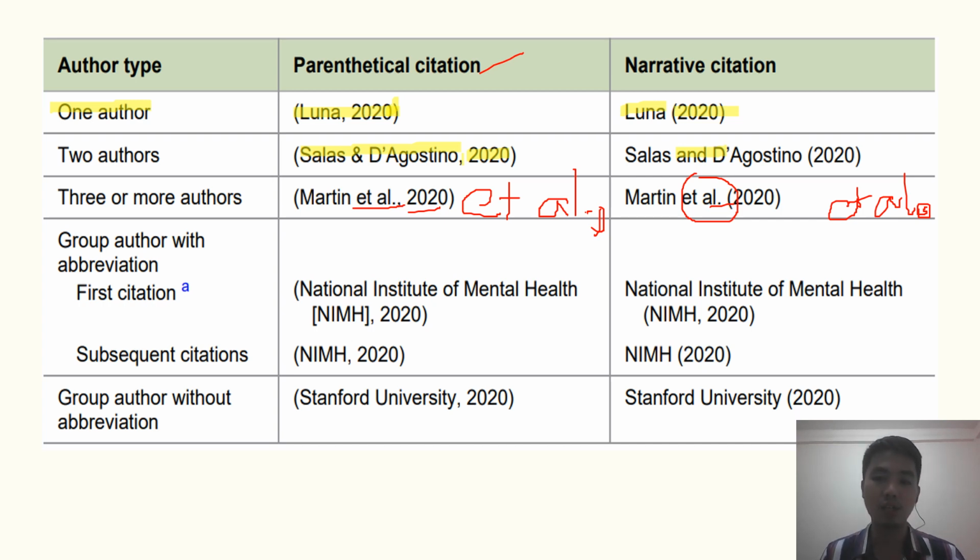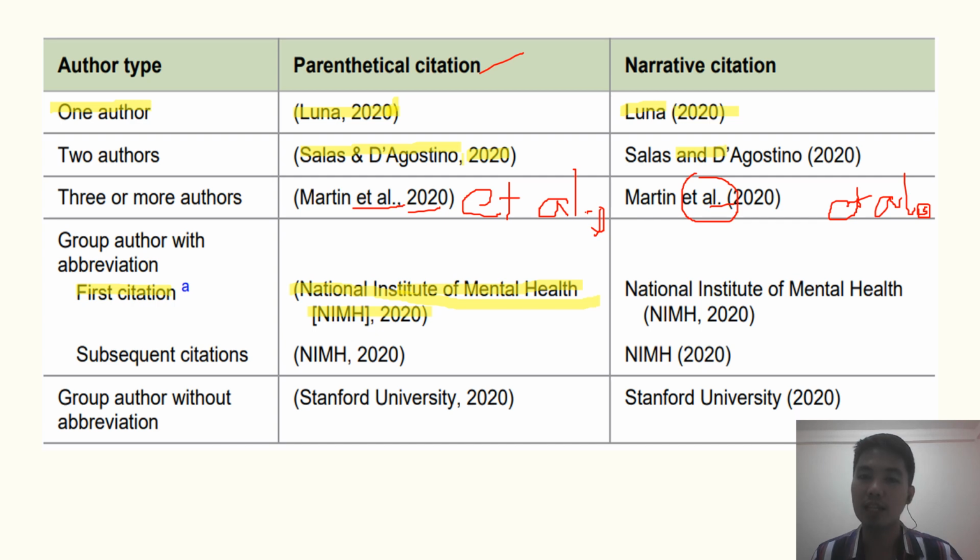But if we are sure na yun nga talaga ang tamang abbreviation niya, then we could abbreviate it. Like for example, for the first citation, we spell out the complete name of the organization, example, National Institute of Mental Health. And then meron tayong bracket, the abbreviated format, close bracket, followed by the year.